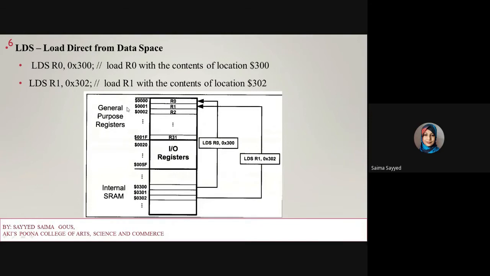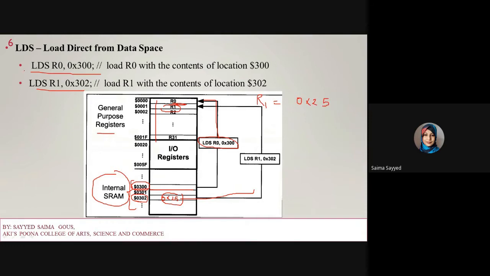See here, these are the general purpose registers R0 to R31, and here is the internal SRAM, which has locations. The first instruction, LDS R0, 0x300, means the contents of location 300 get loaded into R0. In the next one, whatever the contents of that location are, suppose 0x25 is there, this value 25 gets loaded into R1, and R1 will become 0x25.